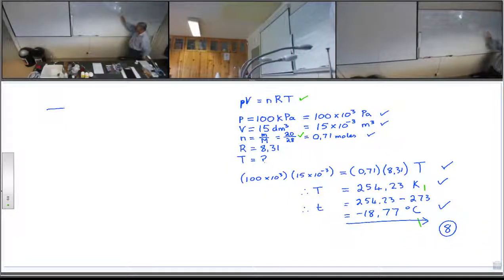You would have got nothing out of 8, even though you would have got the same answer. Okay, so make a note. It is critical that you are pedantic about formulae. Are there any questions about this? Right, if there are no questions, we'll stop this lesson.